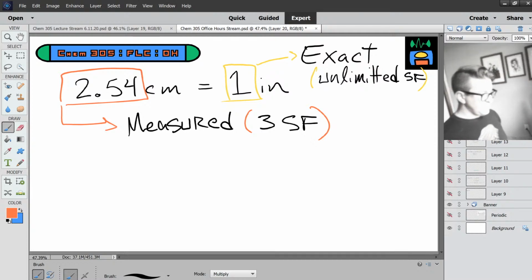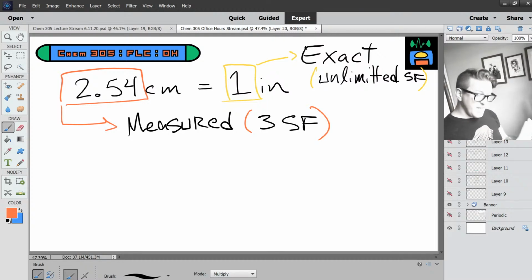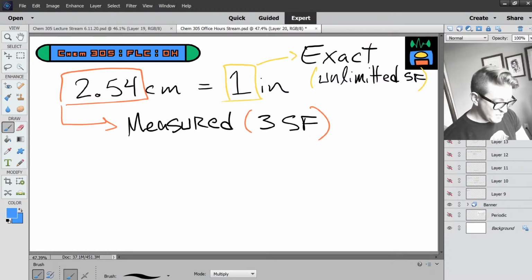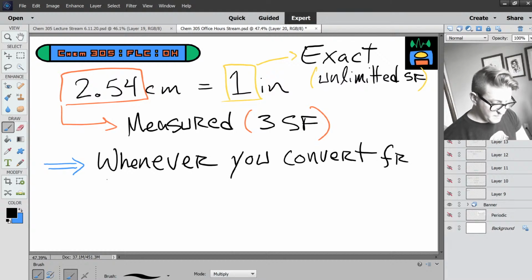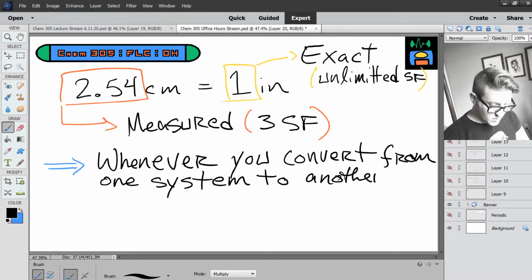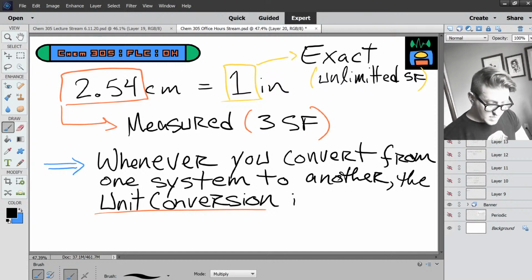Yes, Brianna, you are totally correct. This unit conversion is not exact because, and this is the big thing to remember, whenever you convert from one system to another, the unit conversion is measured.